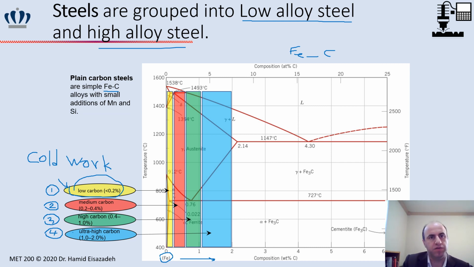And the phases that can be seen in the low carbon steel are ferrite and pearlite. I'm writing these words with the mouse, so spelling is not as good.